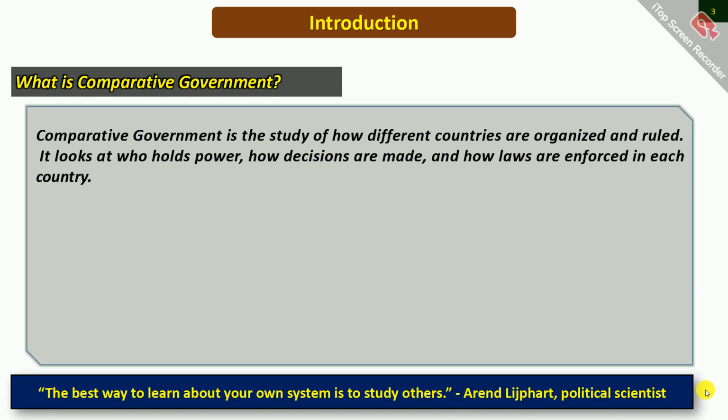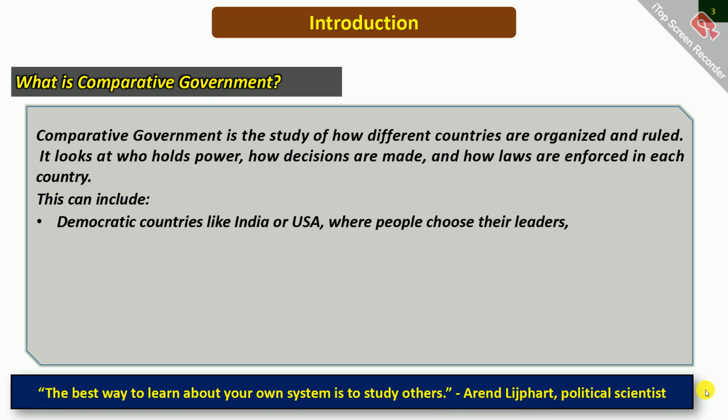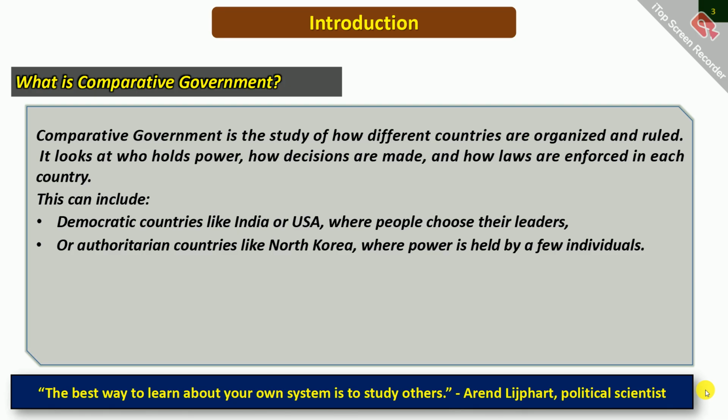Comparative government is the study of how different countries are organized and ruled. It looks at who holds power, how decisions are made, and how laws are enforced in each country. This can include, for example, democratic countries like USA, Western Europe, and some other countries where people choose their leaders, or authoritarian countries like North Korea, Cuba, where power is held by a few individuals.